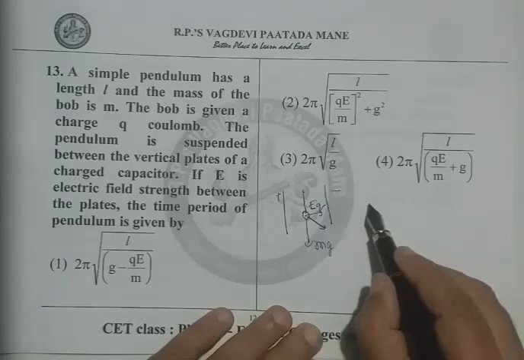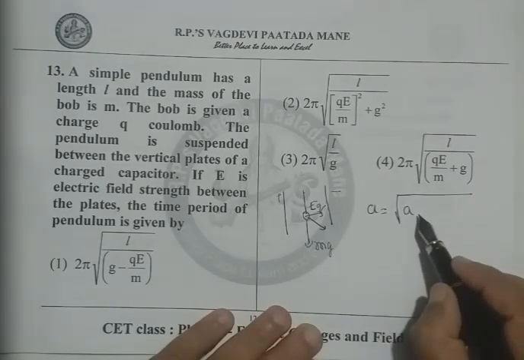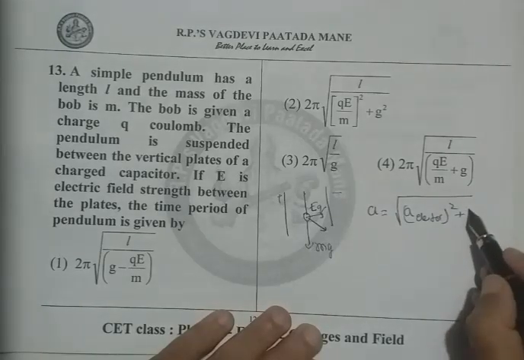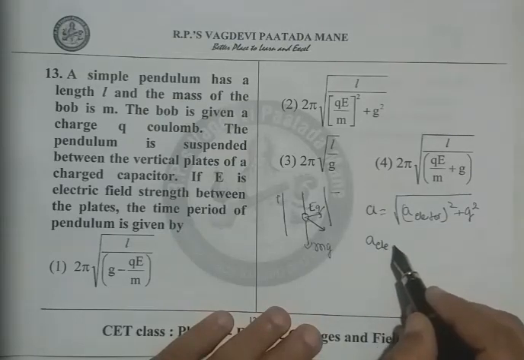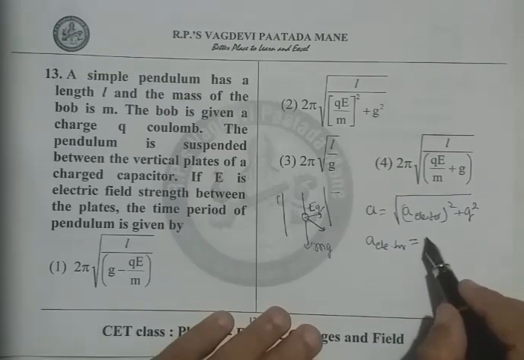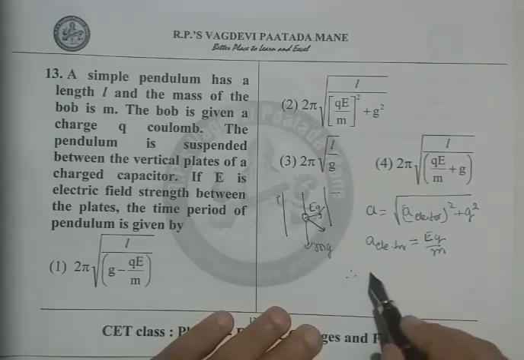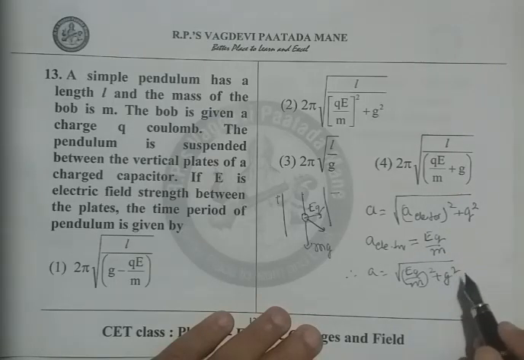That net acceleration can be written as A equals root of acceleration due to electric force square plus acceleration due to gravity square. But we know the acceleration due to electric force equals EQ by M. Therefore, net acceleration is root of (EQ by M) whole square plus G square.